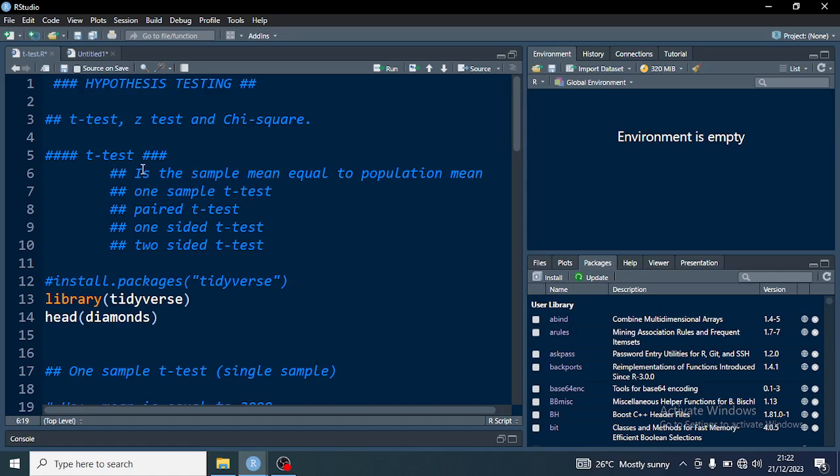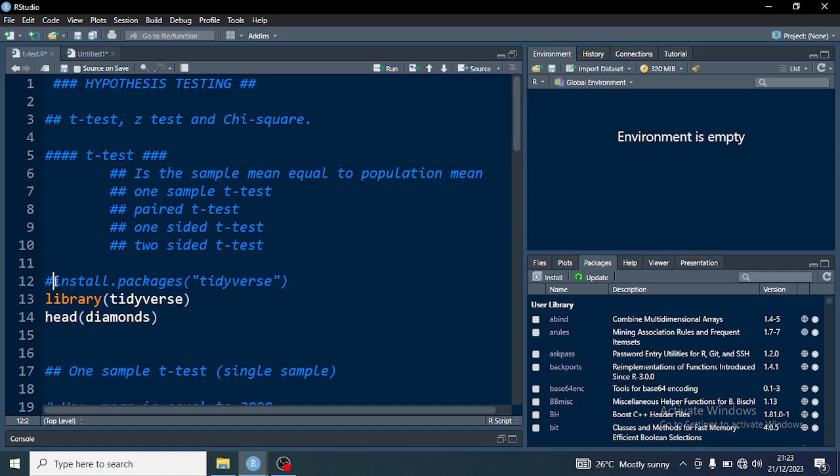null hypothesis. So in this session, we are going to look at the t-test, and in t-test we'll look at one sample t-test, the paired t-test, one-sided t-test, and two-sided t-test. And we'll be using the tidyverse package for data manipulation, and we'll use the data set that comes with ggplot, that is the diamonds.